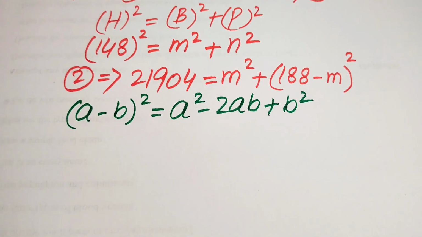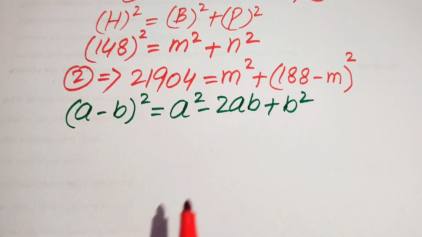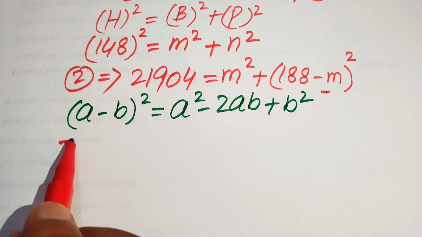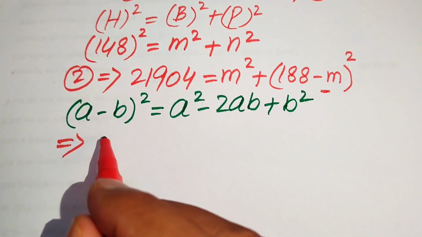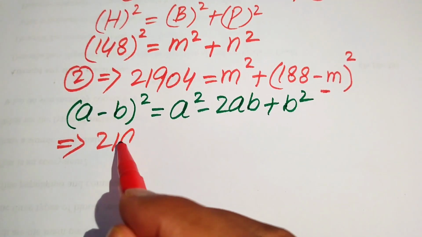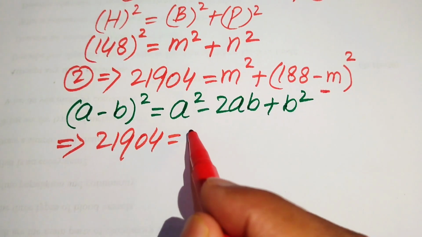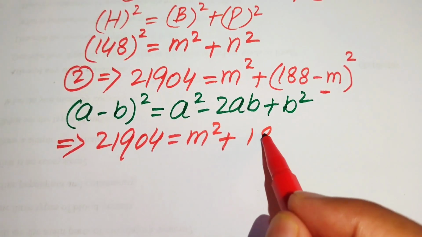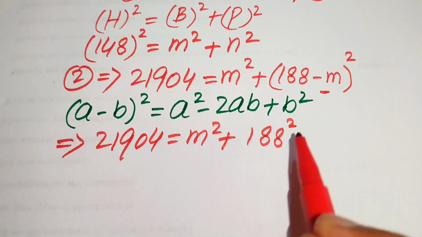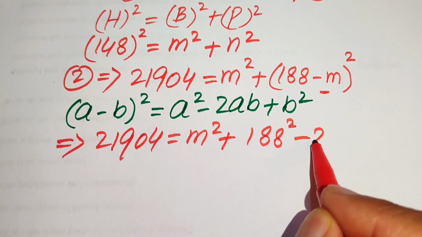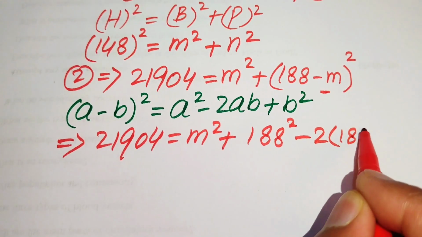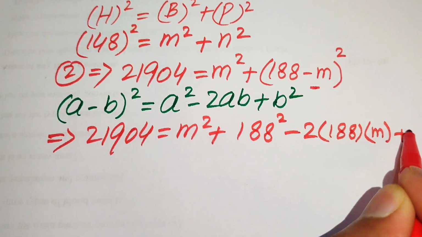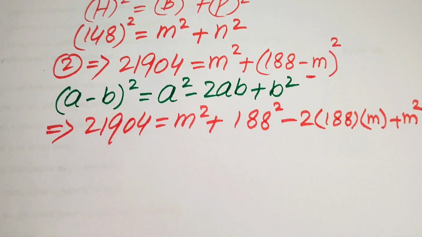We use this formula on this term, and the right hand side is rewritten as 21,904 equals m square plus 188 square minus 2 times 188 into m, plus m square.